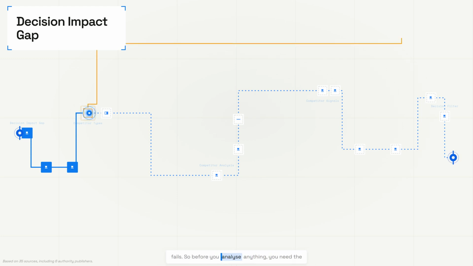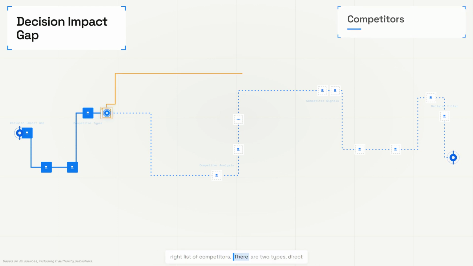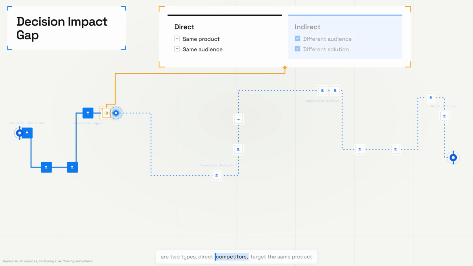So before you analyze anything, you need the right list of competitors. And there are two types. Direct competitors target the same product at the same audience as you. Indirect competitors offer a similar solution but to a different audience, or solve the same problem in a different way.